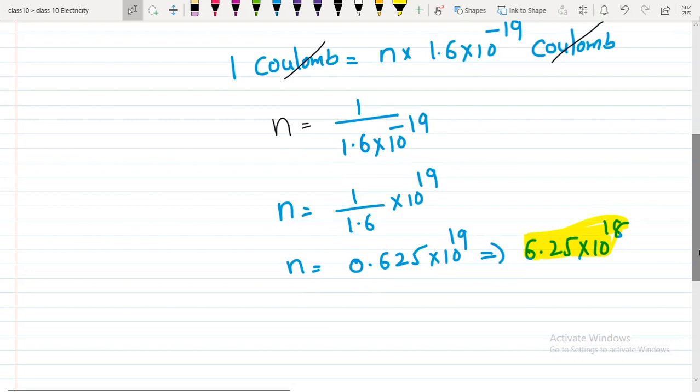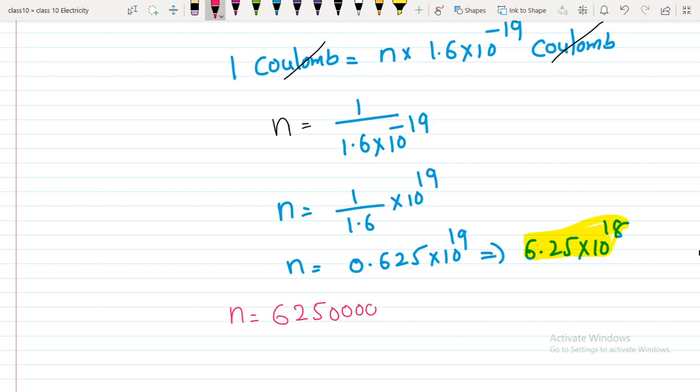If we write that as a number, N equals 6.25, so 625, after that I need to put 16 zeros: 1, 2, 3, 4, 5, 6, 7, 8, 9, 10, 11, 12, 13, 14, 15, 16. So this many electrons are contained in 1 coulomb of charge.